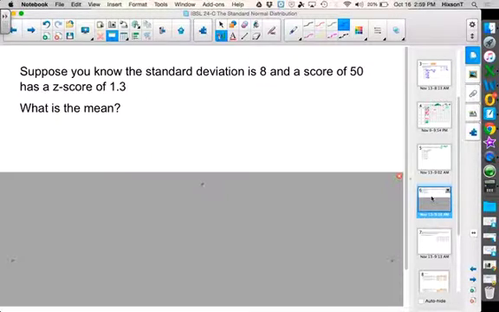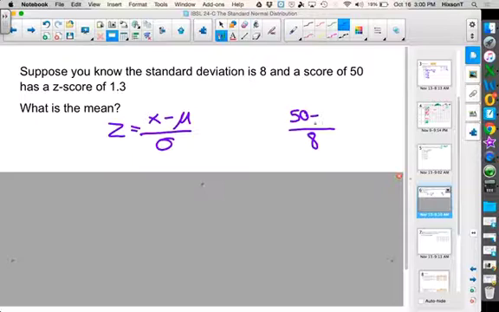What's our formula for z? Z equals x minus the mean over the standard deviation. Good. All right, z is x minus mu over the standard deviation. So we can plug in what we know. We know the standard deviation is 8. We know the score, or x, is 50. So 50 minus, we're solving for the mean, over 8, and we know that that's going to equal 1.3.